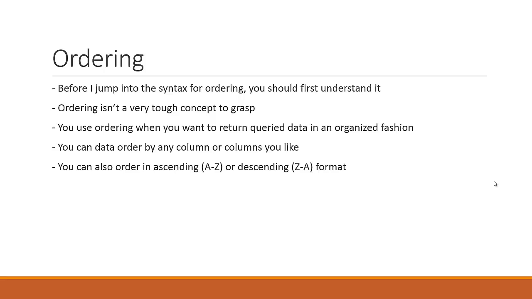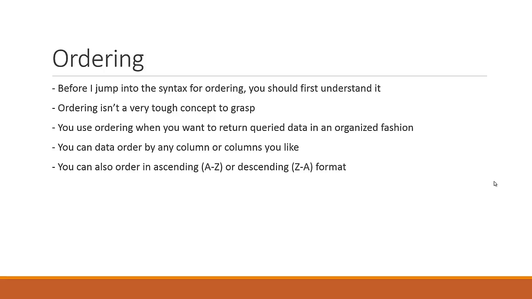Before I jump into the syntax for ordering, you should first understand exactly what it is. Ordering really is not a very tough concept to grasp. When you use ordering, you want to return the query data in an organized fashion. Typically that allows you to order something from A to Z, from 1 to 100, which is ascending format, or in descending format, which is the opposite: Z to A, or 100 to 1, or a date, or a time, or whatever.